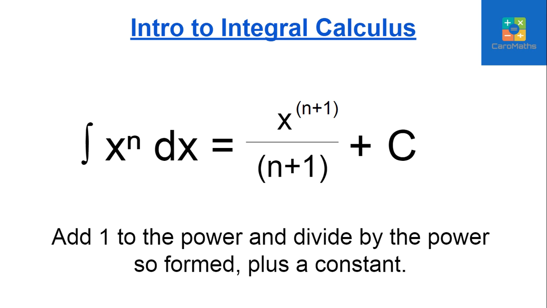And you can see that, right? It should be quite obvious. So we're integrating x to the power of n. So we add 1 to the power, so it's x to the power of n plus 1. And then we divide by the power we've just formed, which is n plus 1. So hopefully that makes sense. If not, drop a comment below and I'll explain it in a bit more detail.